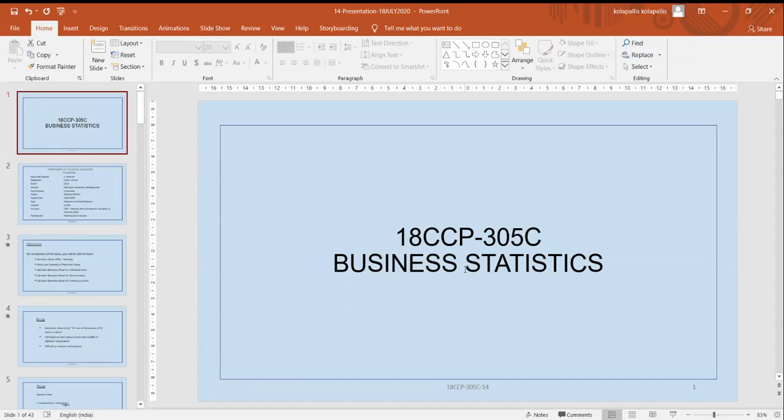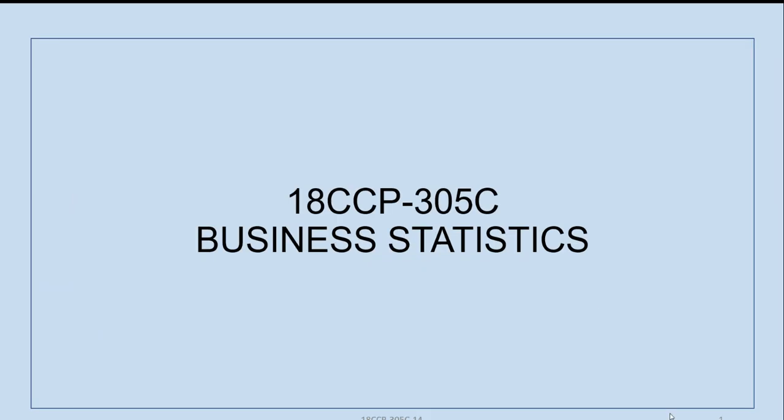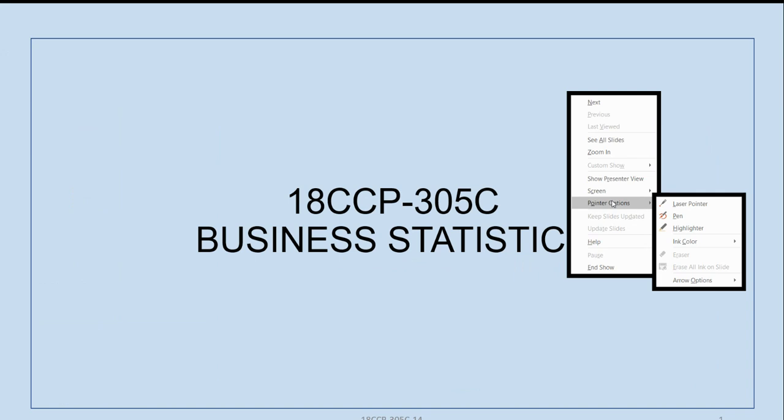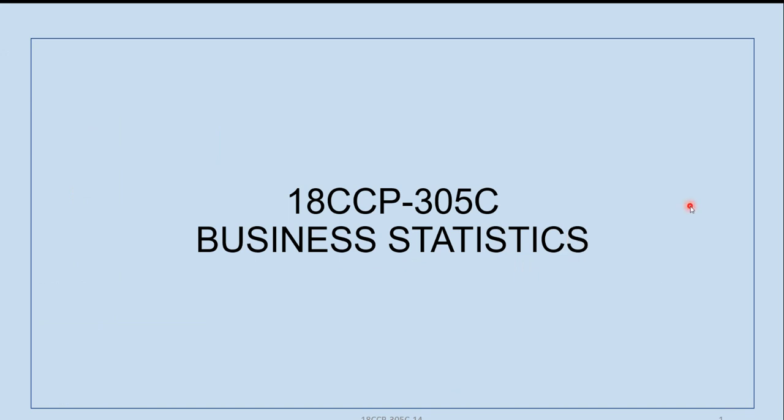In business statistics, in the last lesson, we have seen about the geometric mean. So in the central tendency, as we have seen, we have 5 averages, and each and every average will show the midpoint of the series which is given.